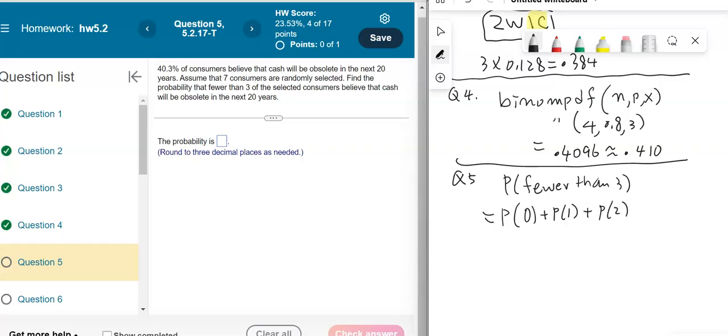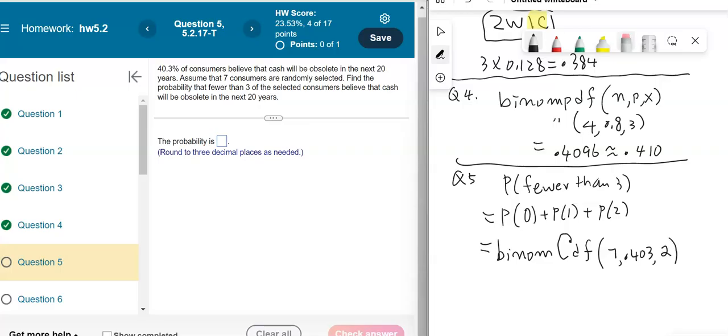So this is binom, and this time you use CDF. CDF, and then n equals 7, p equals 0.403.